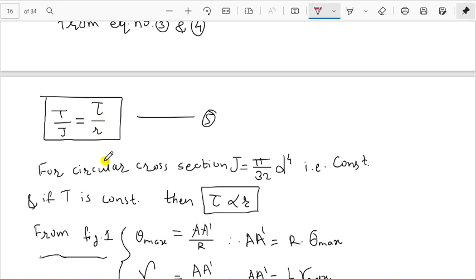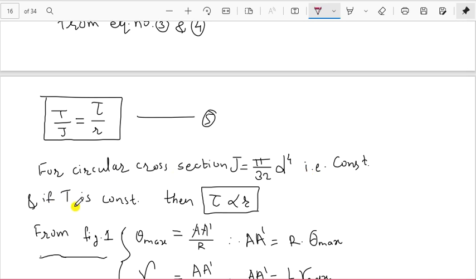Now for circular cross section, you know that J value is constant, which is equal to pi by 32 into d to the power 4. This is constant value, as area is constant all over the length. That's why d is constant. So there is no such change.